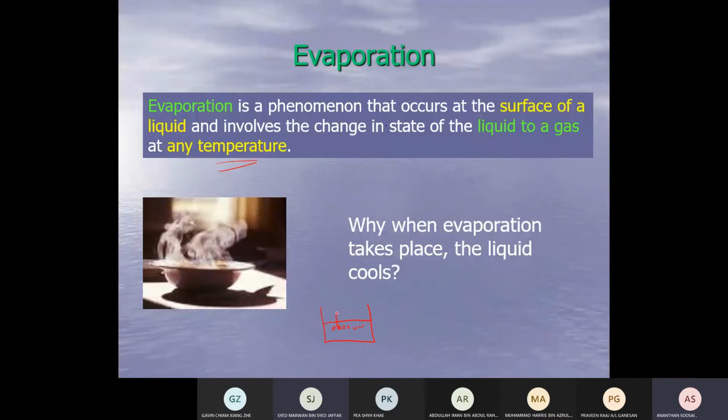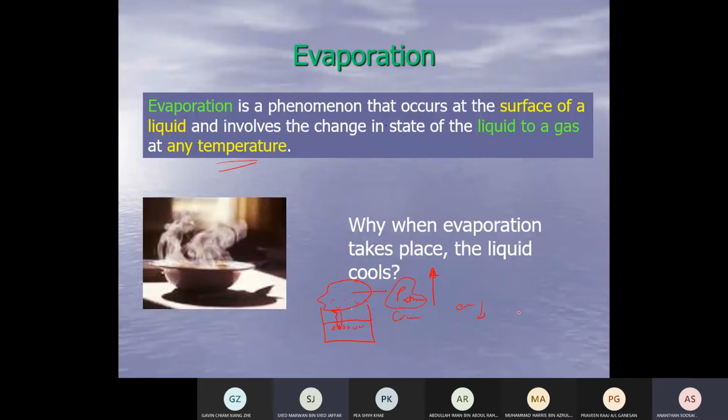The energetic particles want to come out from the liquid phase to the gas, but the atmospheric pressure on top is very high. Very high pressure means the particles are more crowded. How can the water molecules escape into the air? They have difficulty getting into a gas state. So when atmospheric pressure is very high, evaporation becomes low. Difficult to evaporate.